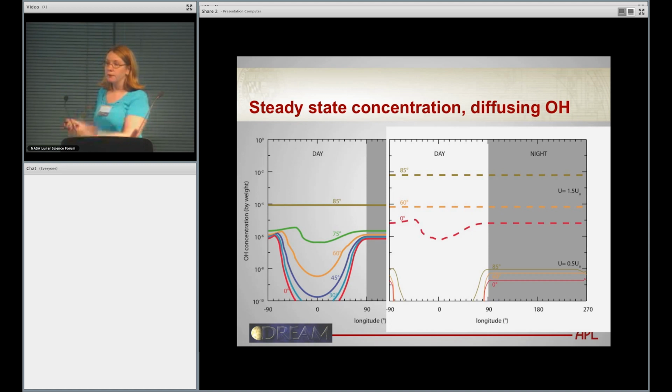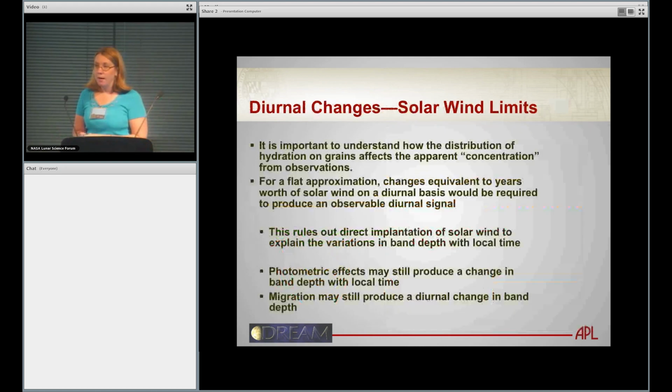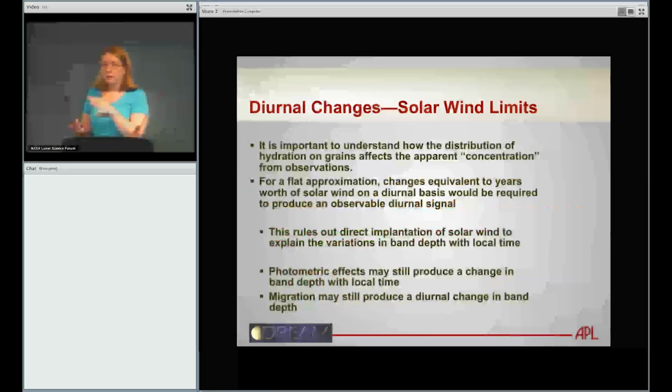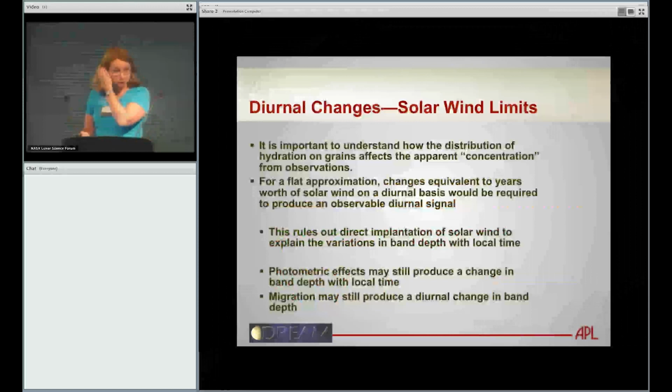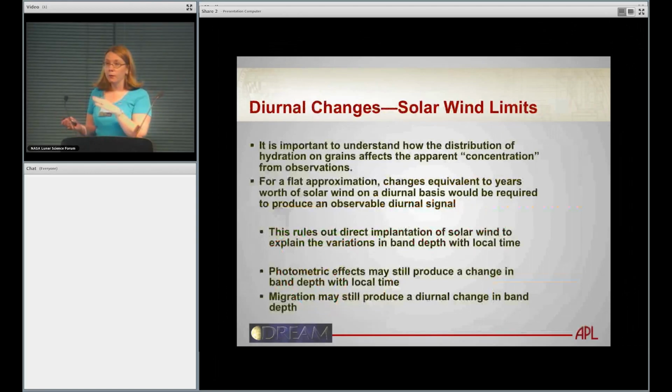If you decrease the activation energy, you move everything down. So maybe by studying very well exactly what the distribution is with latitude and local time, we can get a better idea of what the activation energy is for OH diffusion in lunar regolith.